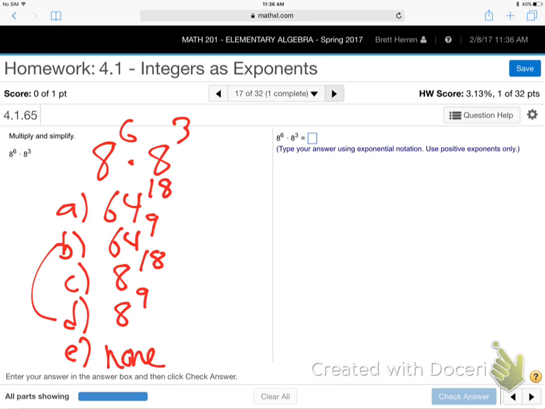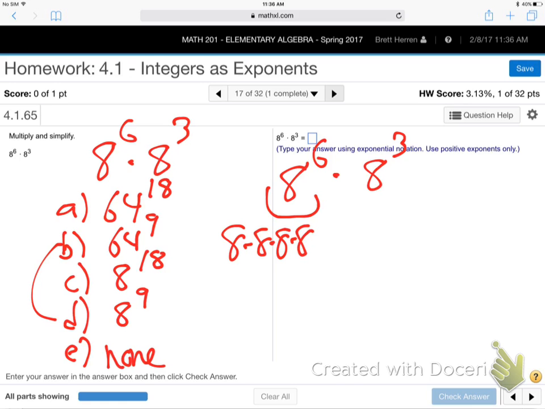Same number. Multiplication signs there for a reason. Okay, let me ask you this, guys. For the same number, you know the answer if you think carefully about what it's saying. You really do. What does 8 to the 6th mean? 8 times 8 times 8 times 8, 4, 5, 6 eighths, right?